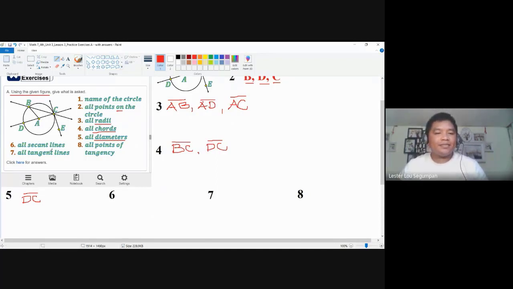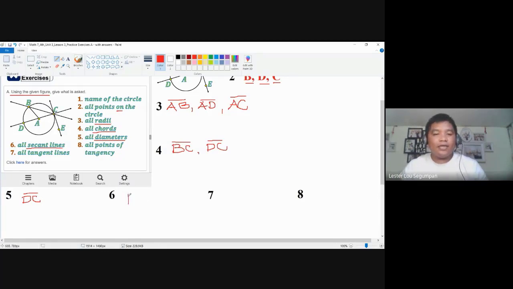How about number 6? Number 6 is concerned with secant lines. Now, a secant line is a line that passes through the circle at exactly 2 points on the circle. So we have this line here that passes through circle A at points B and C. So this is a secant line.